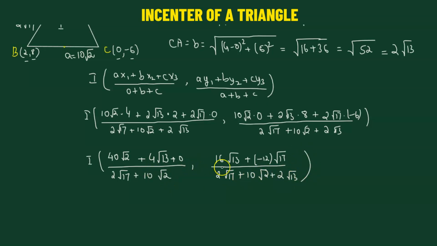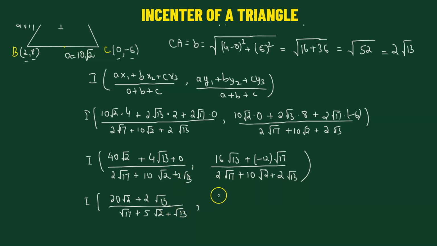Now what we can do in each of the two coordinates, X and Y coordinate, we can factor out 2 from the numerator and the denominator. So we get 20 times square root of 2 plus 2 times square root of 13 divided by square root of 17 plus 5 times square root of 2. Here I've missed out plus 2 times square root of 13. That's also going to be there. This will be plus square root of 13.